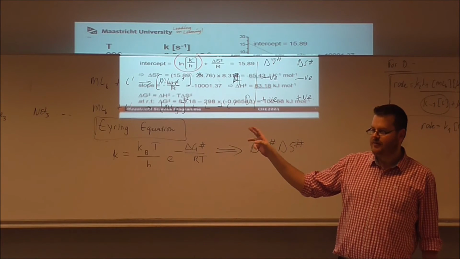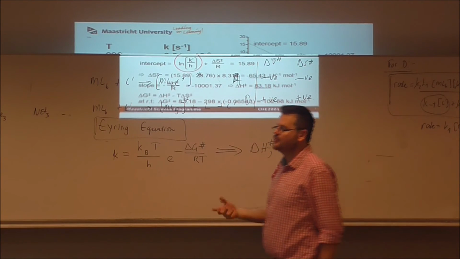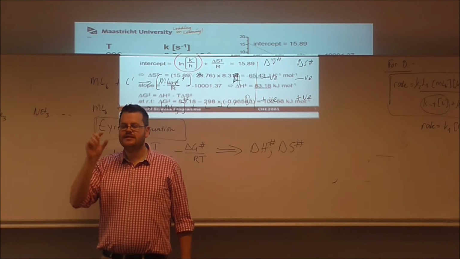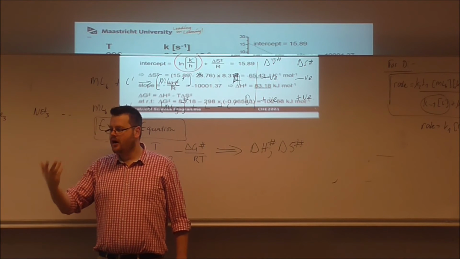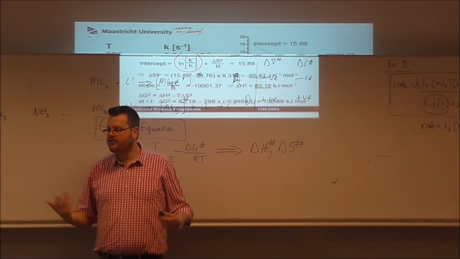There will be a change. Sorry, not the rate constant, the rate. Because it's associative, associative reactions depend also on the identity of the incoming ligand and its relative nucleophilicity.